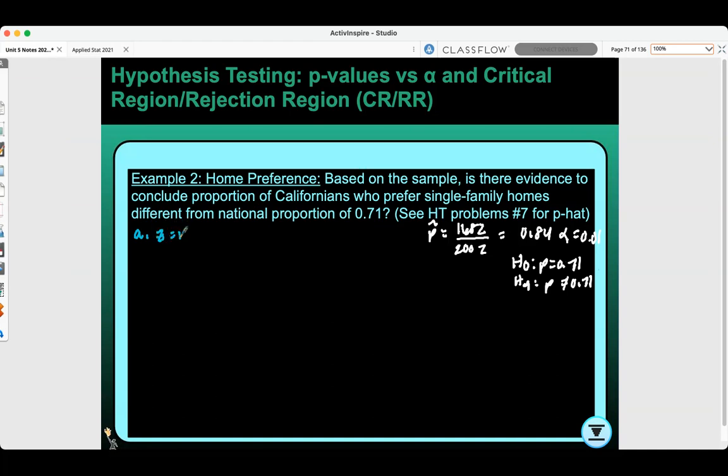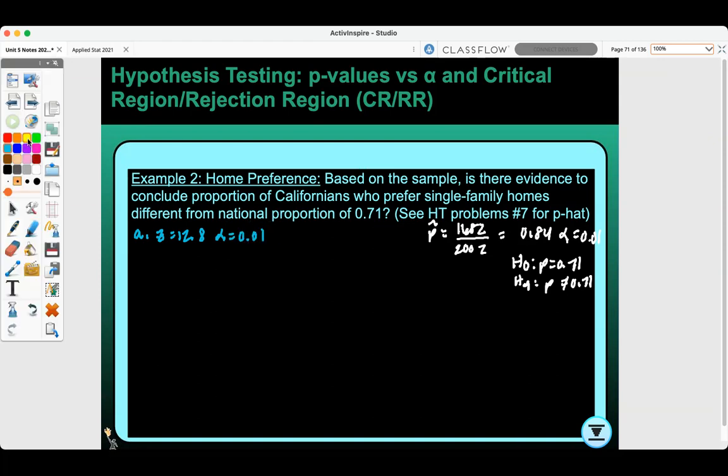We get a z of 12.8. We were using an alpha level of 0.01. Our p-value was 1.1 times 10 to the negative 37. So that's about 0.